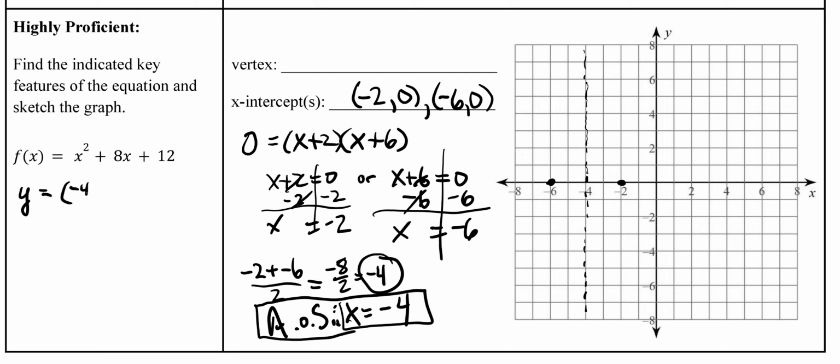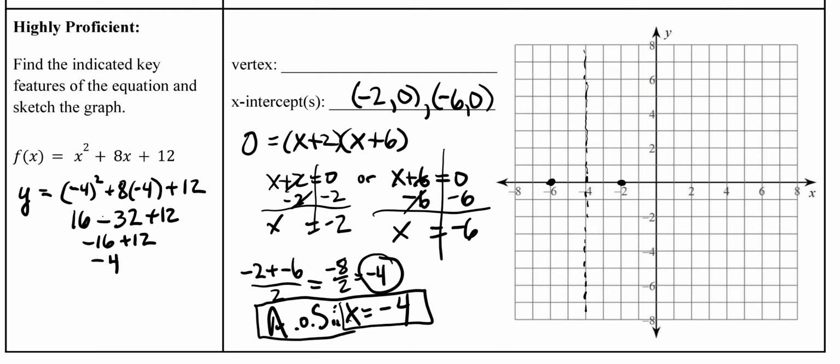So I'm going to put -4 here, squared, plus 8 times -4, the value of x, plus 12. Make sure you put -4 in parentheses, and if you do, you can just put that in your calculator and it'll give you the right value. But this is how it works. -4 times -4 is +16. And then 8 times -4 is -32, plus 12. 16 minus 32 is -16, plus 12. And negative 16 plus 12 is negative 4.